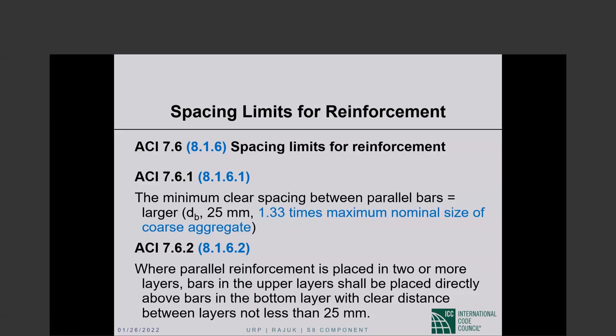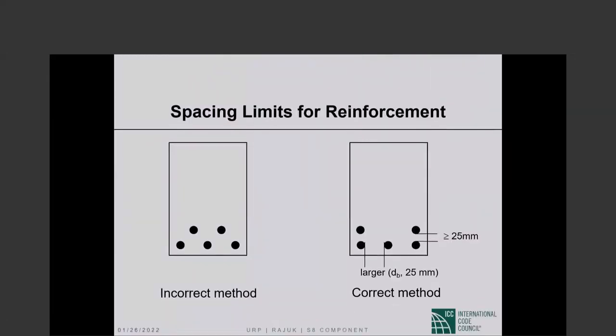Where parallel reinforcement is placed in 2 or more layers, bars in the upper layer shall be placed directly above bars in the bottom layer with clear distance between not less than 25 millimeters. This is extremely important.